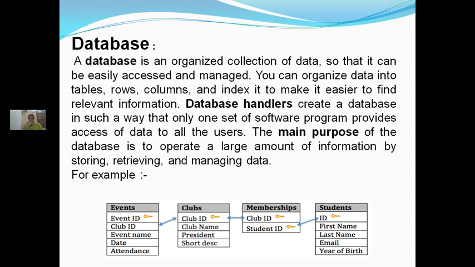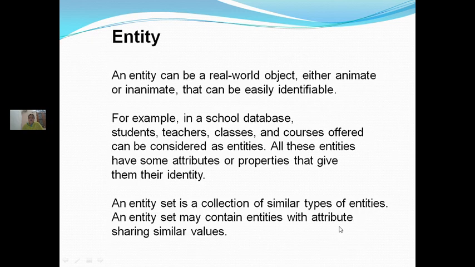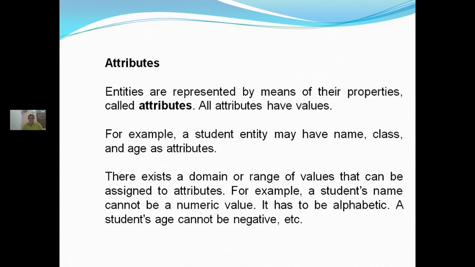Below the students table we have ID, first name, last name. These are called attributes. For example, a student entity may have name, class, age as attributes, because they define the properties.